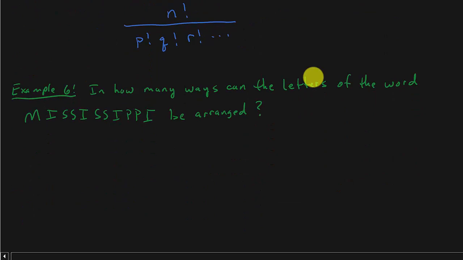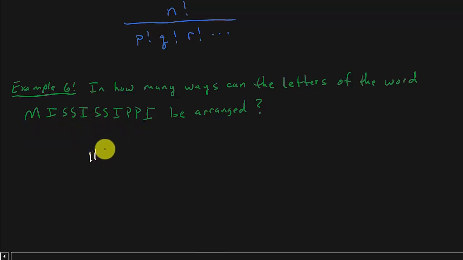So in how many ways can the letters of the word Mississippi be arranged? All right, so the first thing we have to do is look at how many letters we have total. Well, we have 1, 2, 3, 4, 5, 6, 7, 8, 9, 10, 11. That's 11 factorial over, and now we've got to divide by the duplicate items.